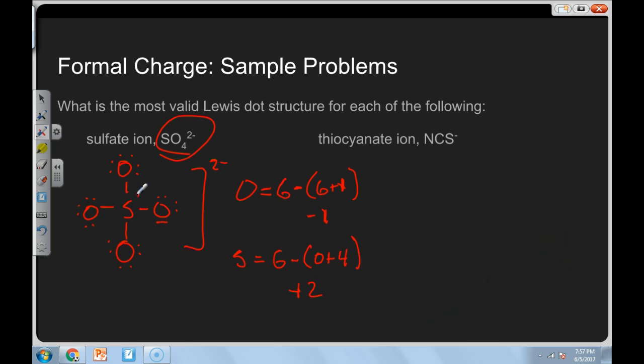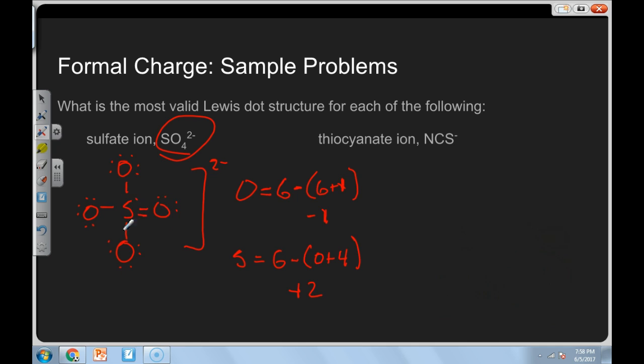So now what we have here is every atom has a formal charge, and that's what we don't want. So I'm going to see if we can draw some of these things and watch what happens when I do. Okay, I'm going to get rid of one bond or one electron pair, and I'm going to move it in the middle. Remember, oxygen can't expand its valence, so it's stuck having 8. Sulfur can expand its valence.